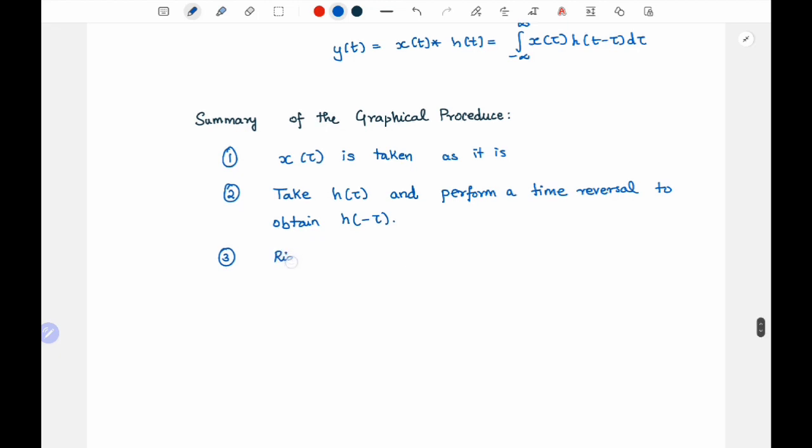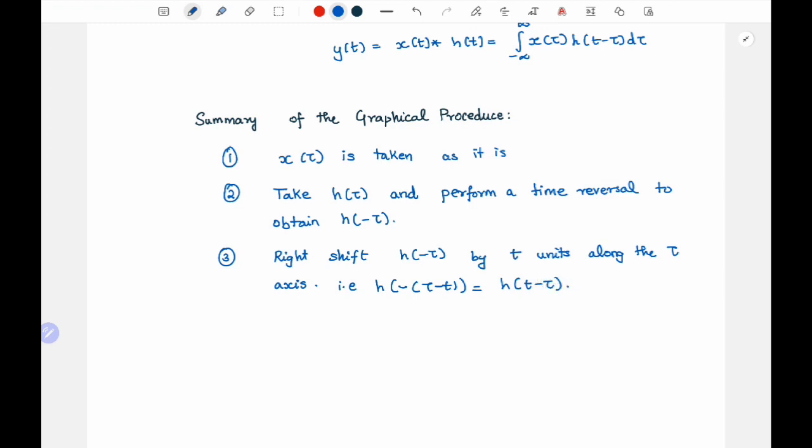So right shift h of minus tau by t units along the tau axis. So what will happen? That is h of minus of tau minus t, right? This is the right shift. So this will fetch you h of t minus tau.